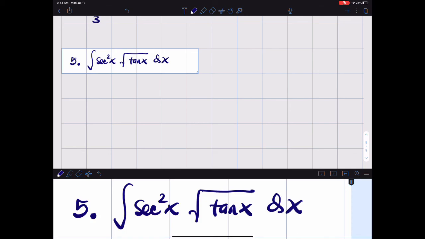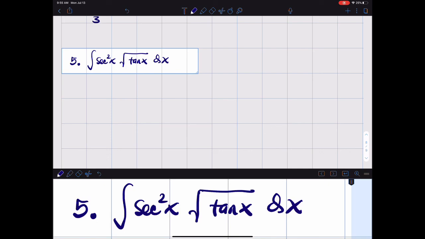It doesn't really matter whether the power of tangent is an integer or a fraction, as long as you have a secant squared x there, you can factor it out.